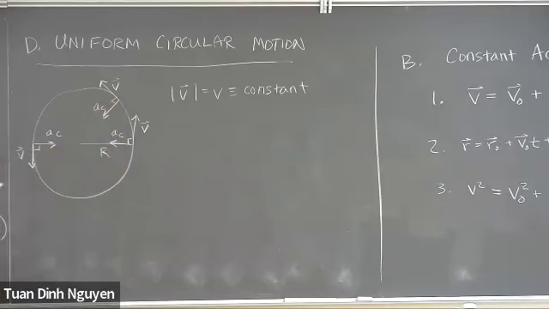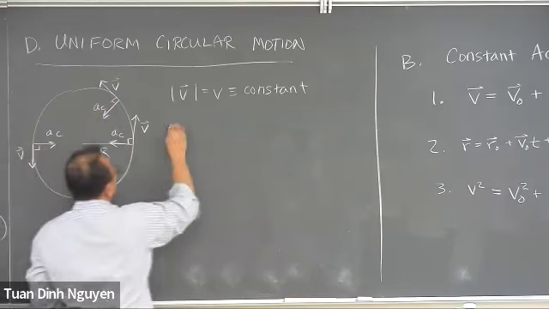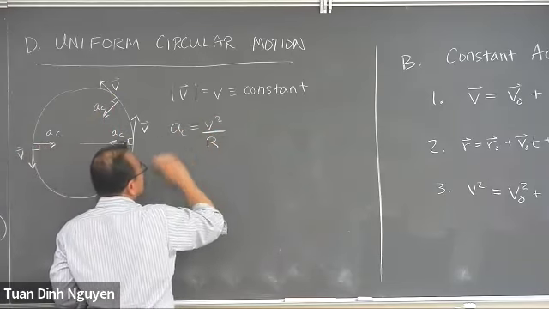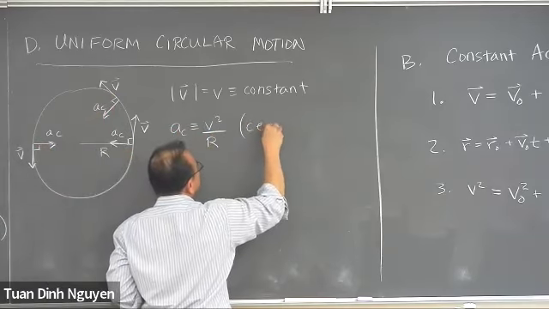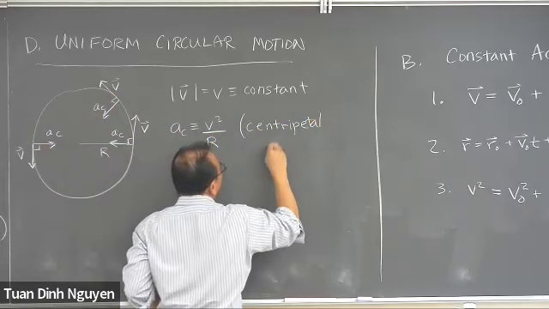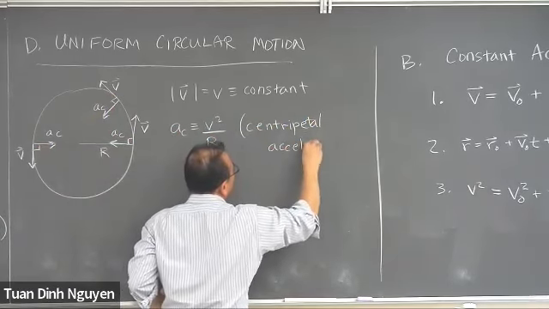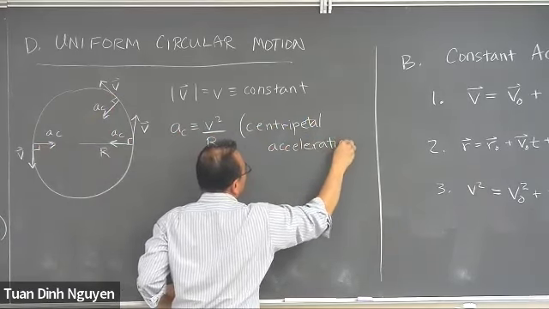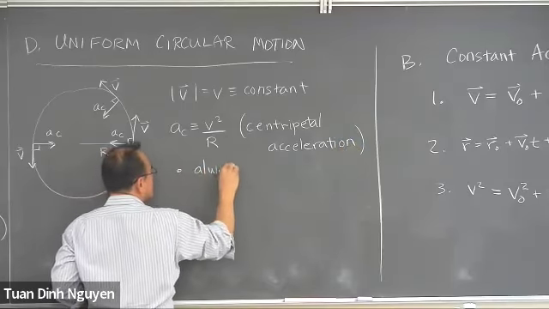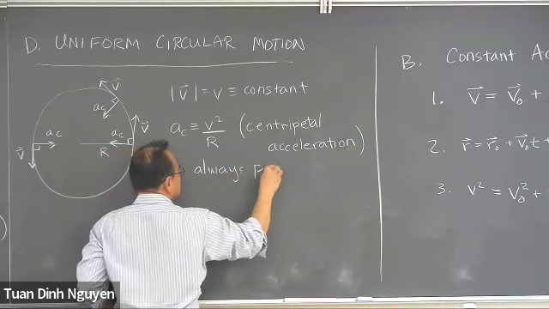So all it does is change its direction. You derive v squared over r. So I'll get centripetal acceleration. And it always points to this center.